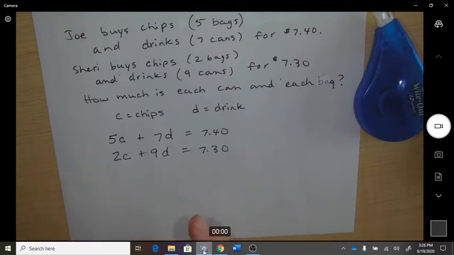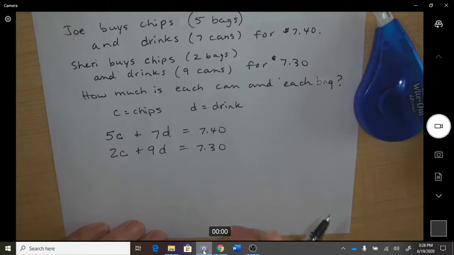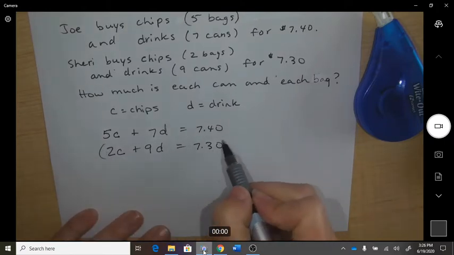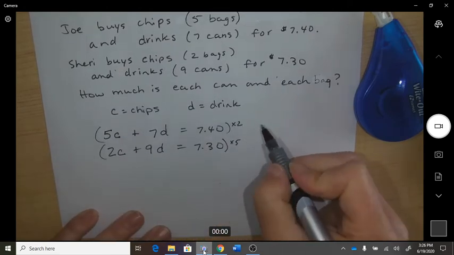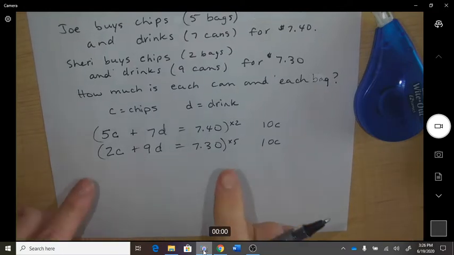Okay, so what do you think as a strategy? Graph, substitute, or eliminate? So I'm thinking elimination. So I think I'm going to times this by 5 and times this by 2 to set myself up with 10C and eliminate.